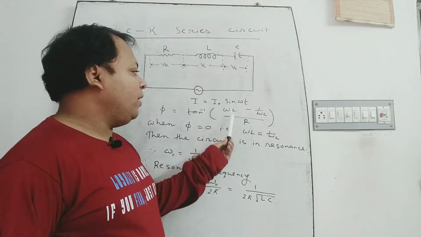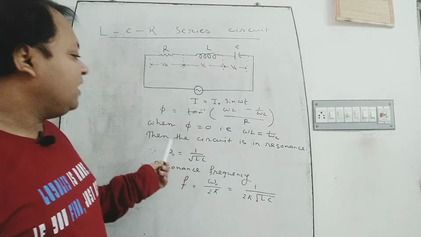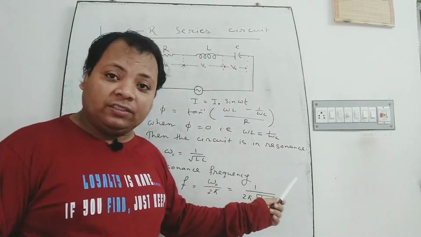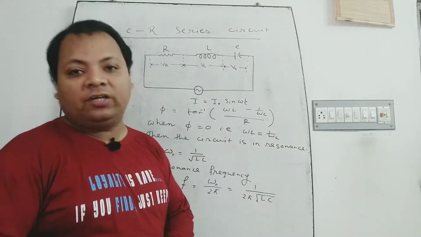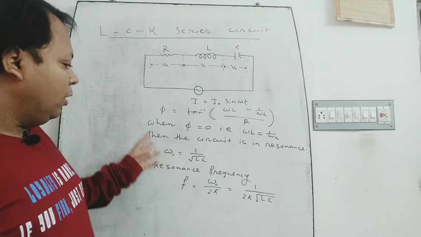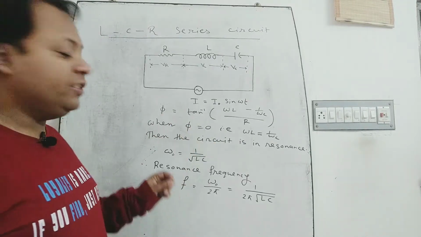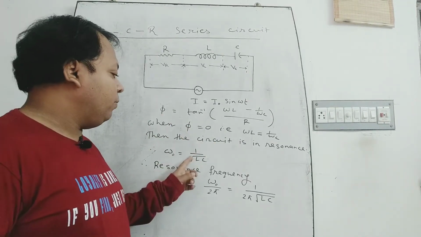When phi is equal to 0, that is omega L is equal to 1 by omega C, then the circuit is in resonance, and the current and the voltage are in the same phase. This is the condition for resonance.